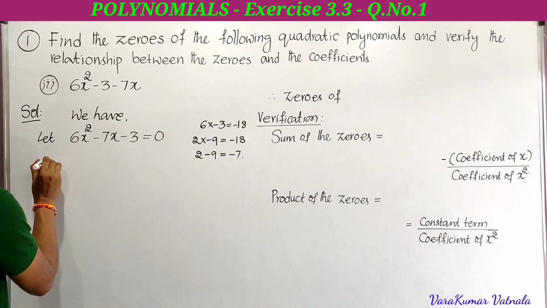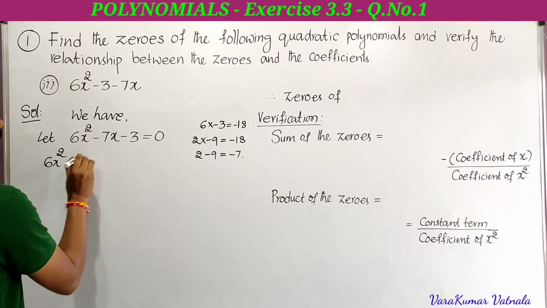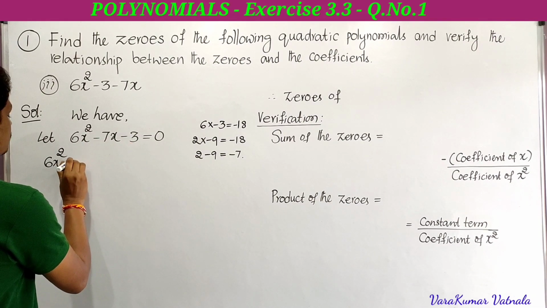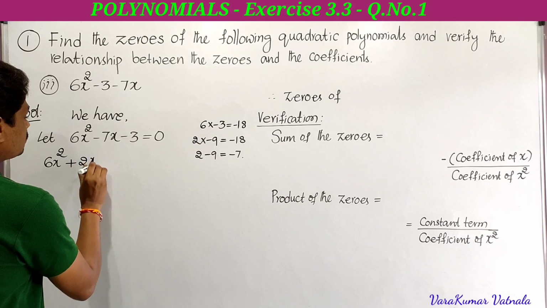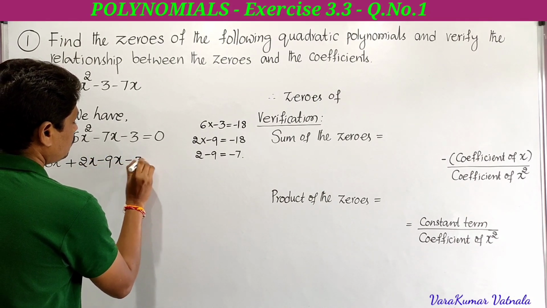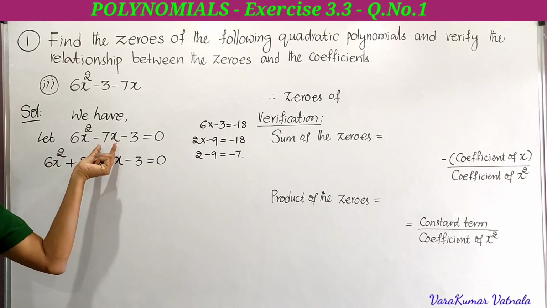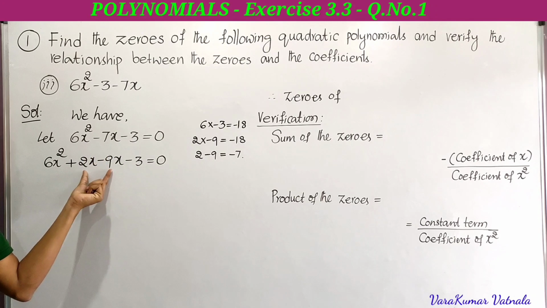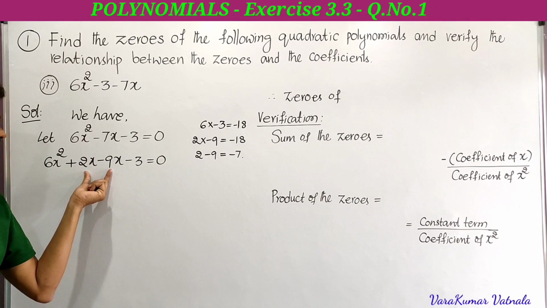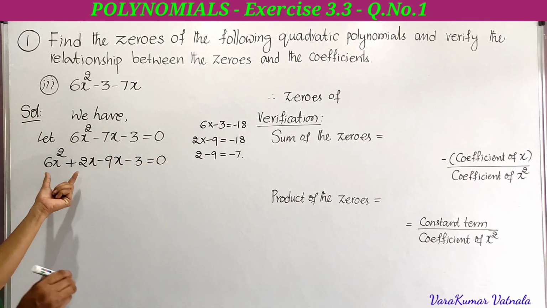So how can we write it? Write 6x² as usual, but −7x can be written as 2x − 9x, and write −3 as usual, equal to 0.